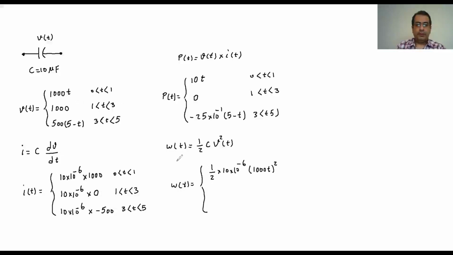And then for the second one, again, we have half of C, 10 to the -6, and V is 1000, to the power of 2, and the same for the third one, -6, and then this equation here, 500 times 5 minus T to the power of 2 again.